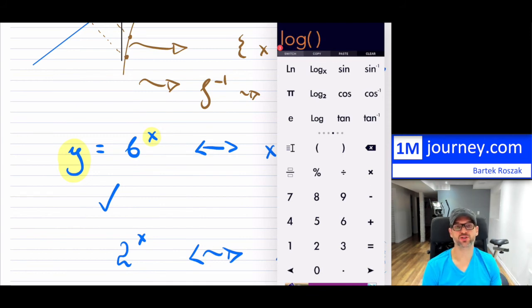Now, when it's just written as log, it assumes that the base is 10. And that is most commonly used because for decimals, as you may remember, it's always powers of 10. So that one dominates. On a regular calculator, you would probably just see the word log, and that means the base that they are assuming is 10.